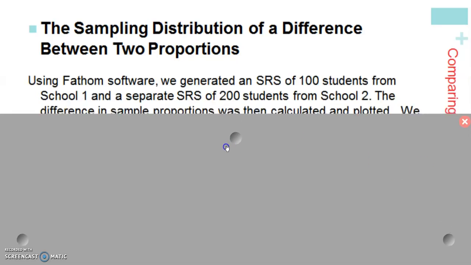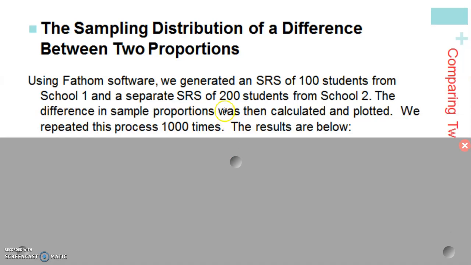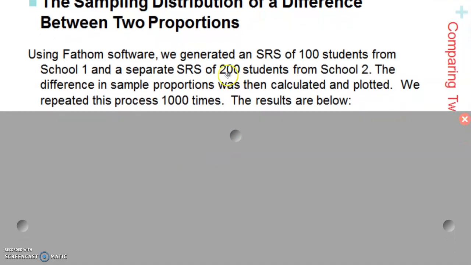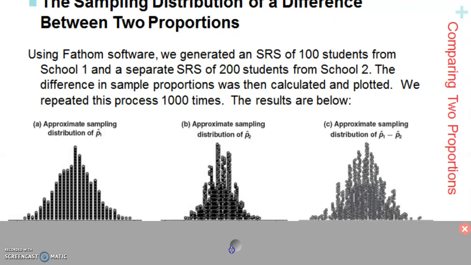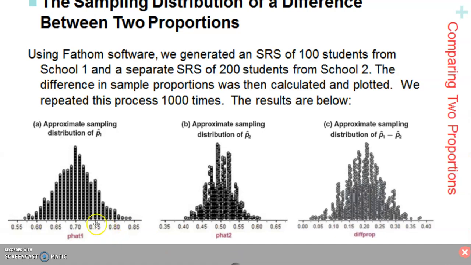Well, let's simulate it. Somebody used software to simulate doing this 1,000 times. Here are all 1,000 different samples of size 100 from school 1, and here are all 1,000 samples from school 2. You'll notice they both have a normal shape, centered where we'd expect at 0.7 and 0.5. But this distribution over here is the one we're going to focus on.